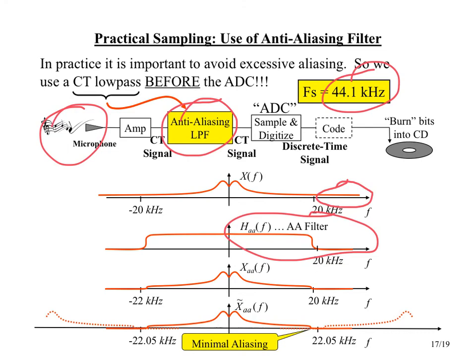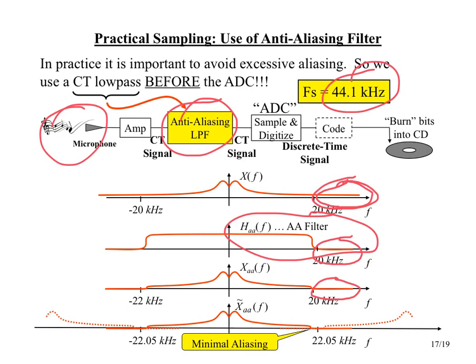So the effect of the anti-aliasing filter is that we suppress the content above, say, 20 kilohertz or so. And so now, instead of seeing this tail that could be significant, we still see a tail, but it's quite a bit less significant. Now, keep in mind, with real-world filters, we cannot make that go to zero and stay at zero.